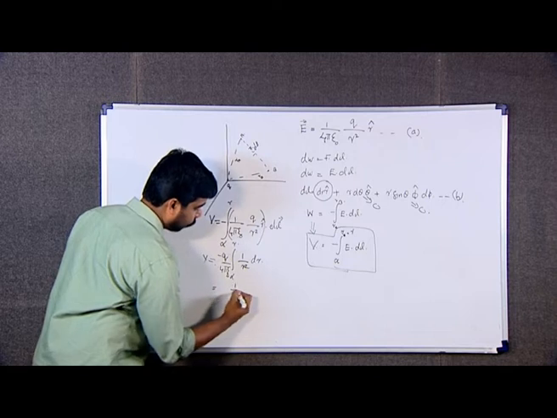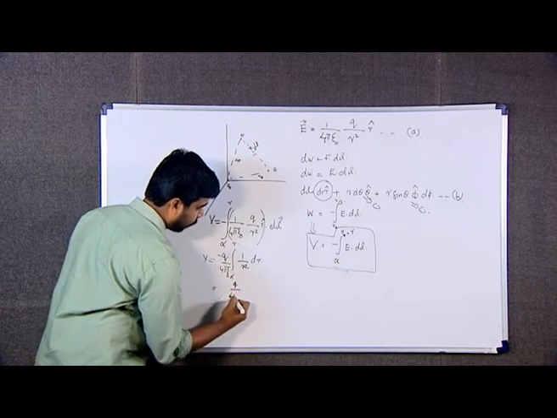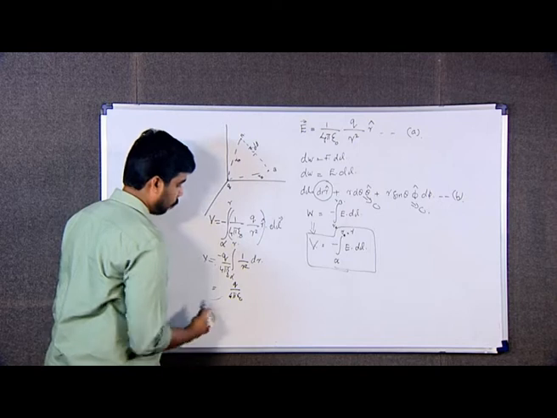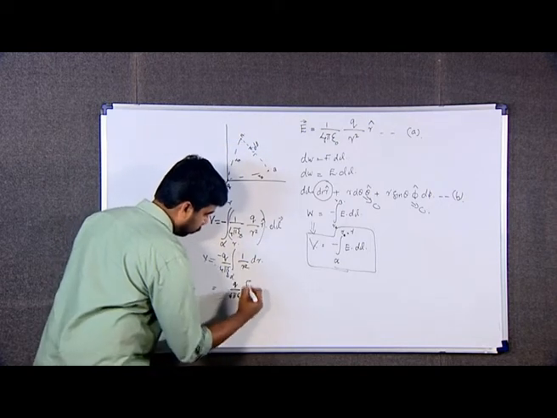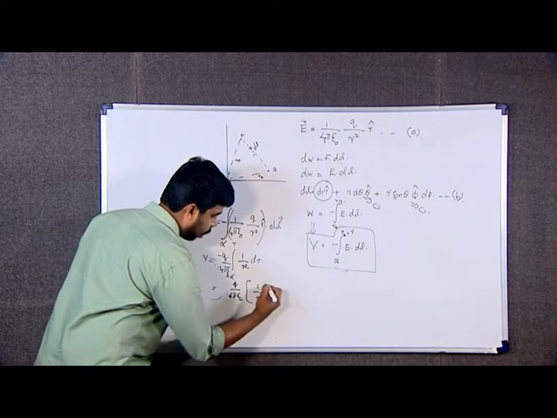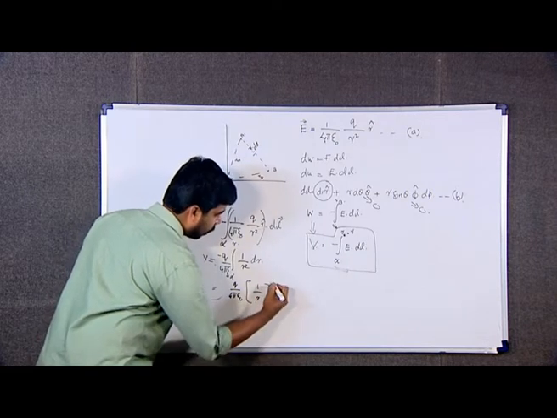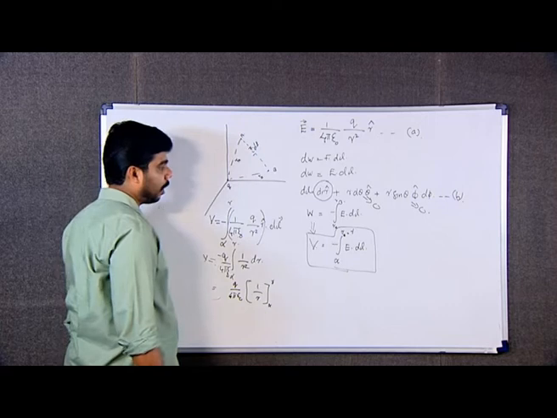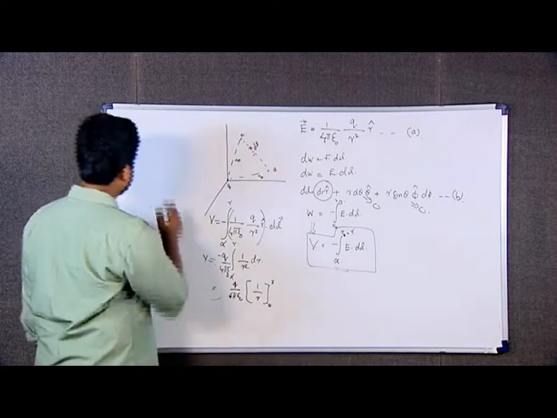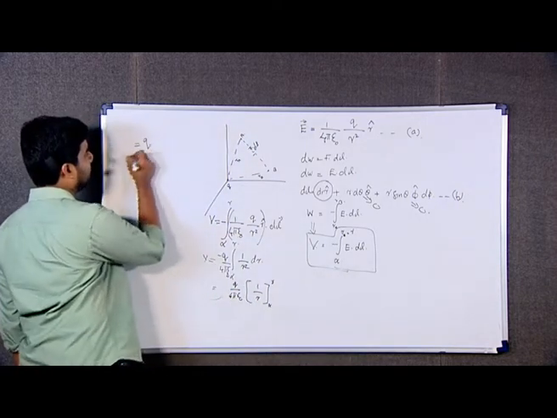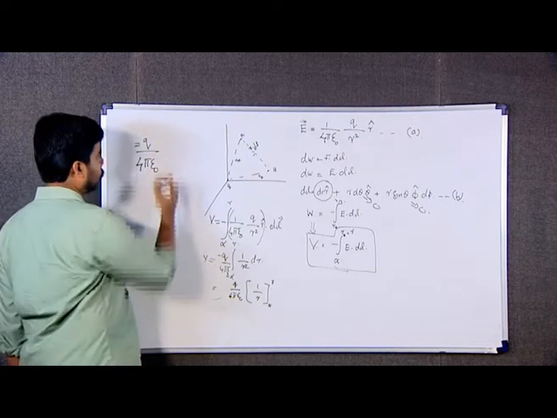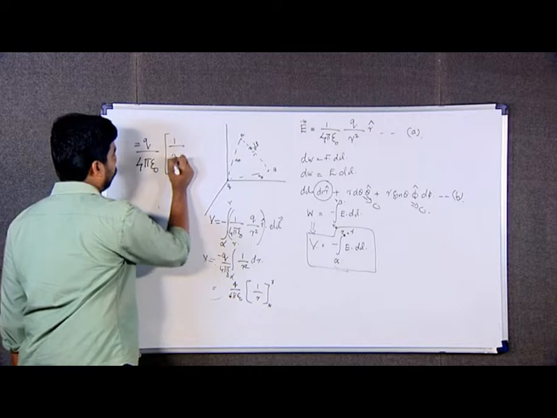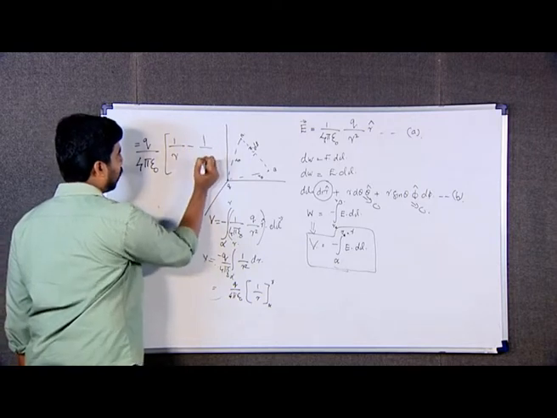We get q into 1 by 4 pi epsilon 0, with this minus and this integration there will be a minus sign, which will become 1 by r from infinity up to the reference point r. On this integration we get q by 4 pi epsilon 0 into 1 by r minus 1 by infinity.